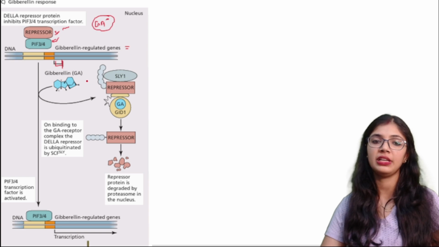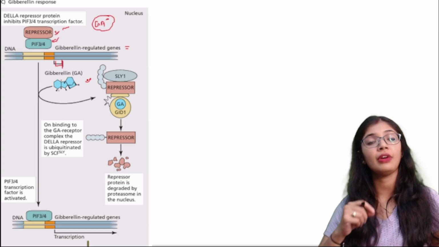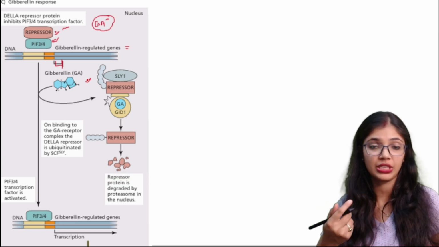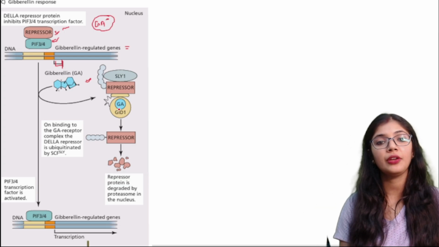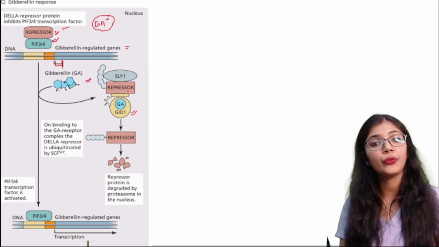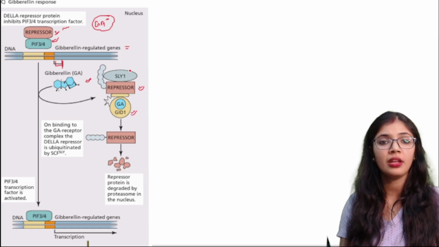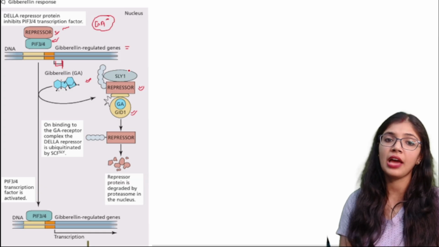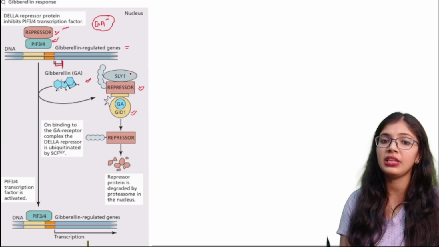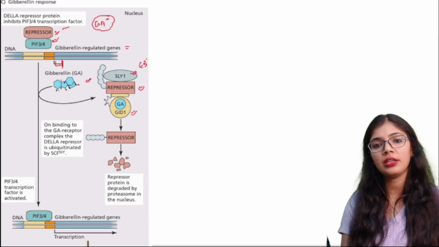In the presence of gibberellic acid, when we apply gibberellic acid from outside, it binds with GID1 and recruits the repressor protein. This repressor protein has a portion which can bind with the SLY1 complex, and the E3 ubiquitin ligase complex is bound over here.